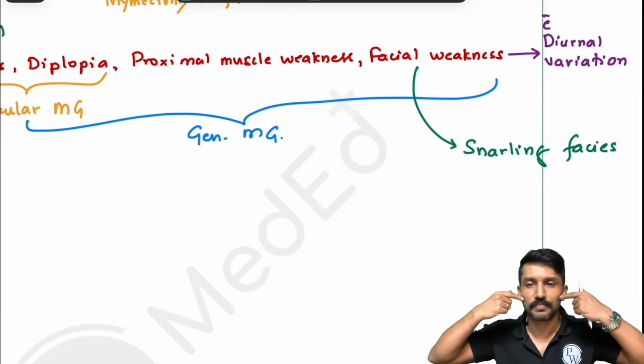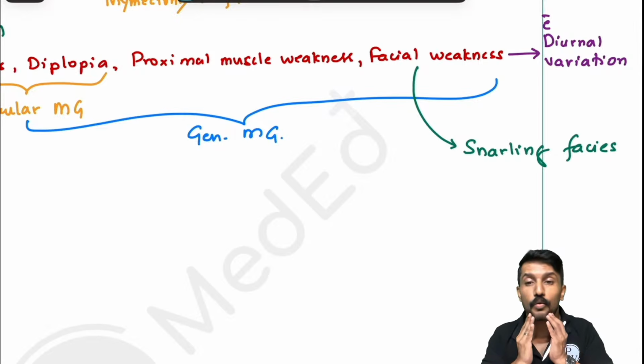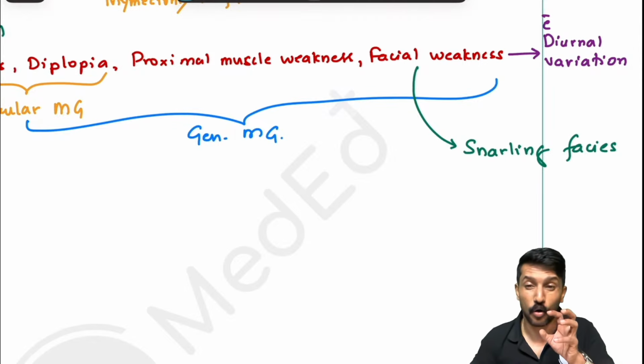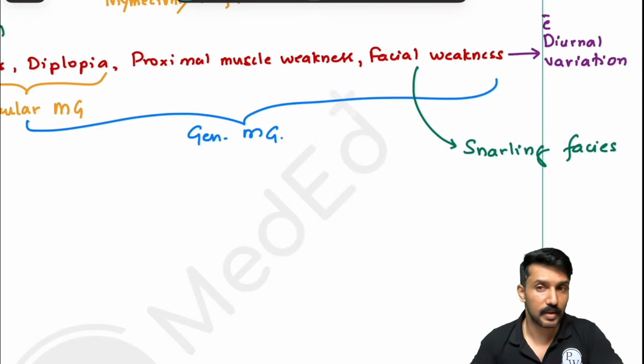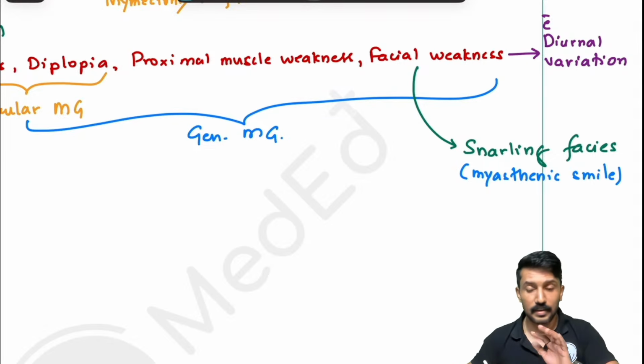A good smile is lateral edge of the mouth lifted up. They can't because these muscles are weak or drooped. So only the lip philtrum, or mid portion, gets lifted, revealing teeth. It resembles a dog trying to show the teeth. That's why it is called snarling faces, or myasthenic smile. These are the clinical features.